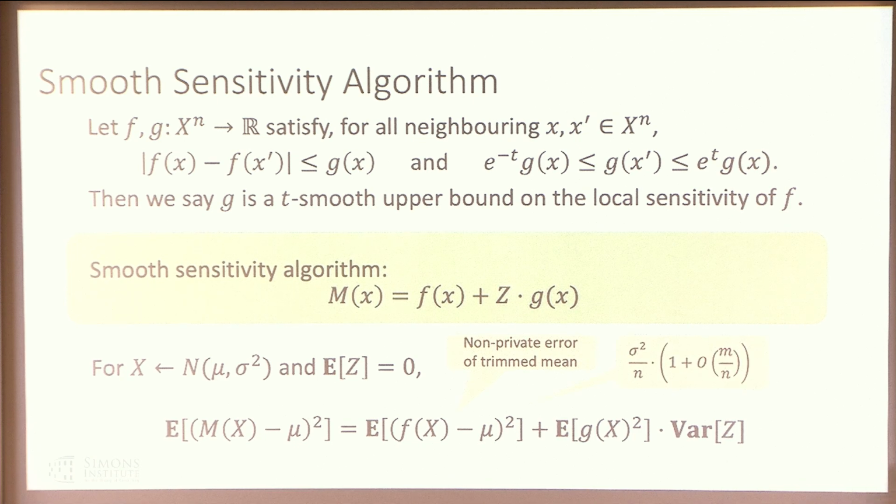We can analyze that. That has the optimal thing, a little bit of loss from the trimming, and the scale of the noise is going to be something like 1 over epsilon. So all that remains is to pick this function g and then prove an upper bound on this expectation.